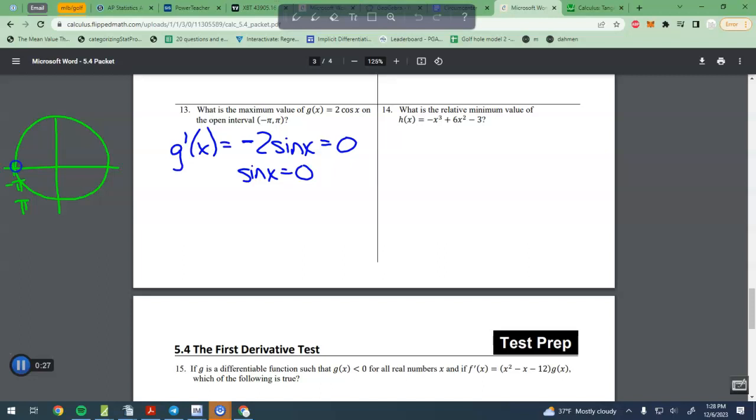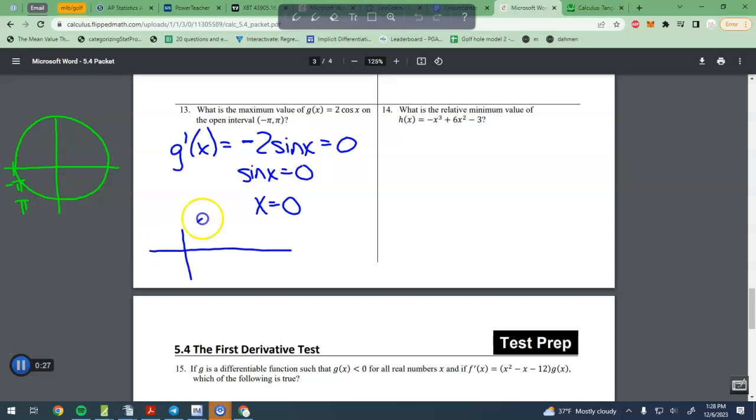So sine is 0 here. It's 0 at pi. It's 0 at negative pi. Well, negative pi and pi don't count because it's an open interval. So the only critical point I really have is x equals 0, because negative pi and pi, that's an open interval, not closed. So I'm just going to work around that.